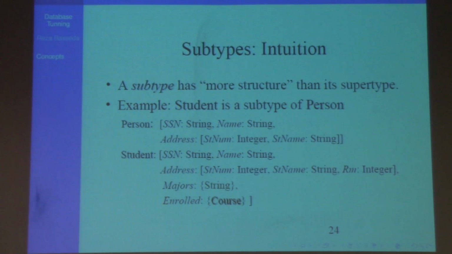For example, maybe more specific, right? The student is a subtype of person. It belongs to the class of person, but more specific. It has majors in it. As well, employee is also a subtype of person. So this is how we define the relationship of subtyping, okay?